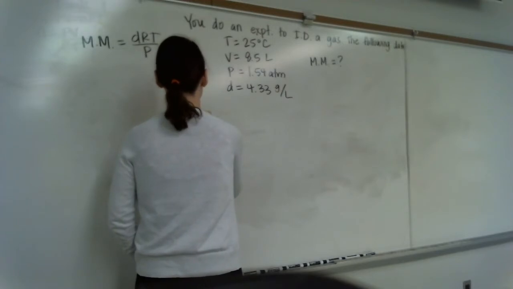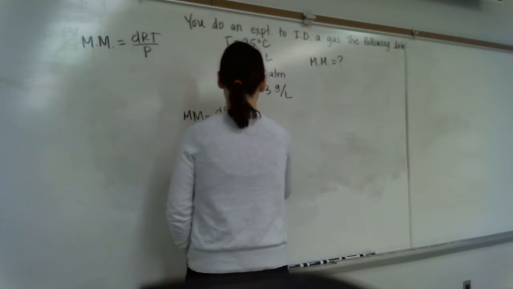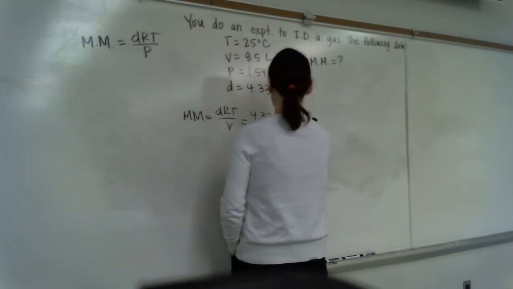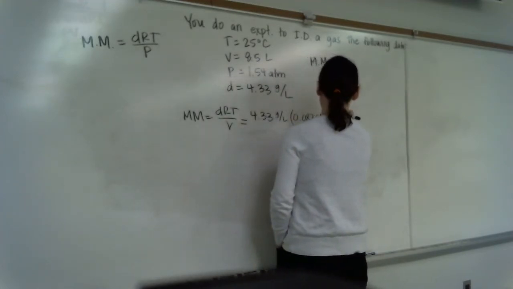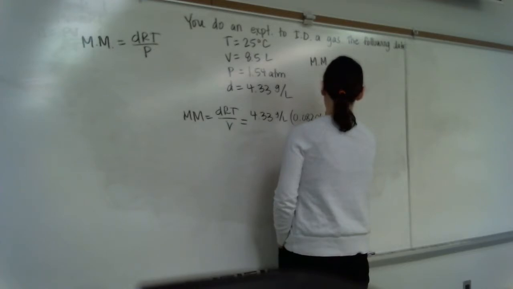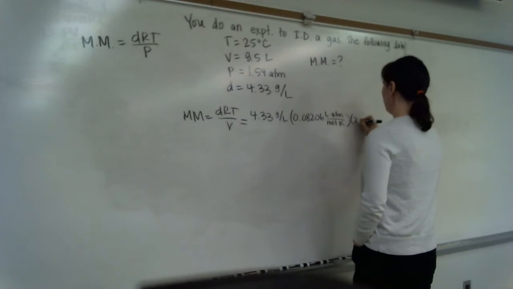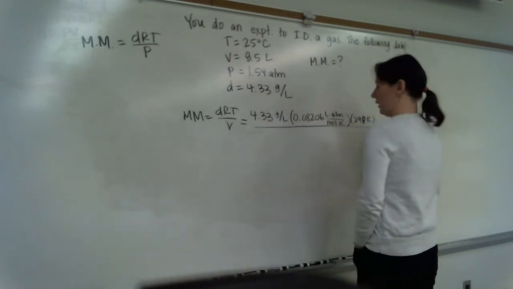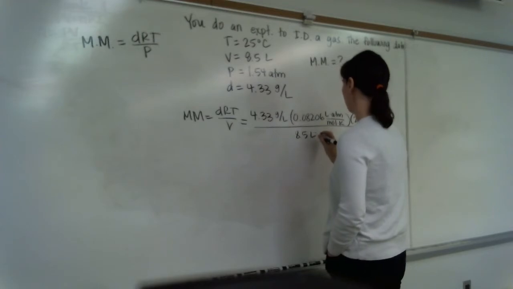All right, so let's see. Molar mass is dRT over P, so 4.33 grams per liter times 0.08206 liter atmospheres per mole Kelvin, and then temperature is 298 Kelvin, all divided by the volume, which is 8.5 liters.